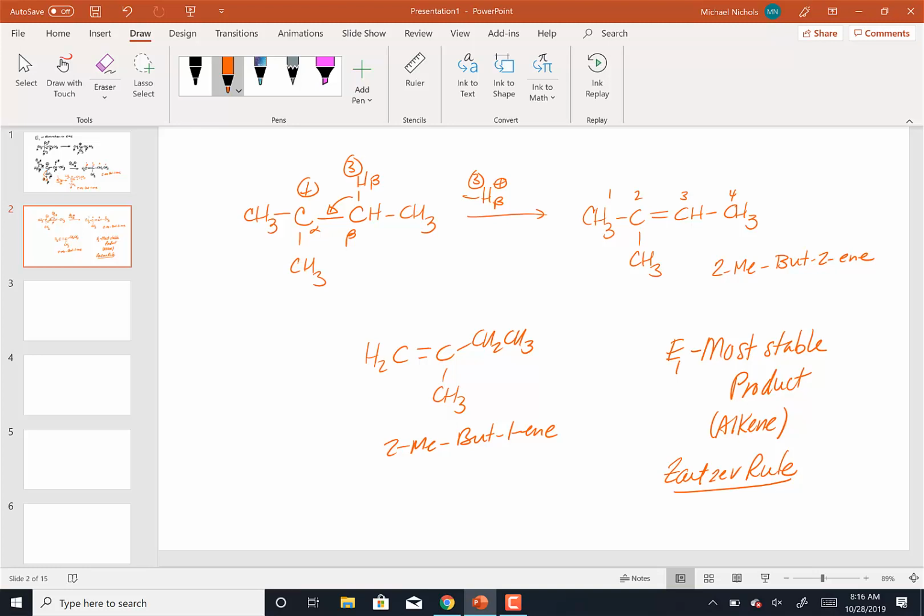And I'll show you the specific reaction he did because it wasn't this one. It wasn't with alkyl halides. But he did these reactions and he found out that he always got the most stable product. Although he didn't know it was the most stable product at the time. And so that's why we call it the Zaitsev rule.